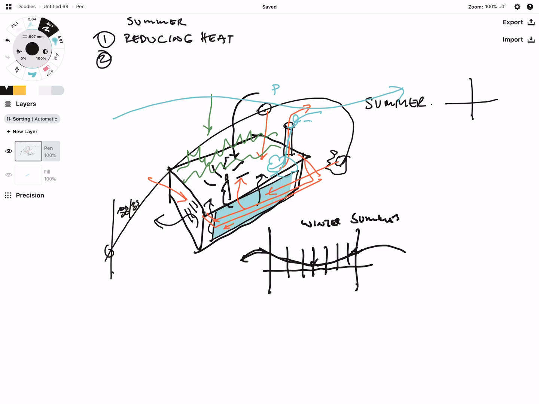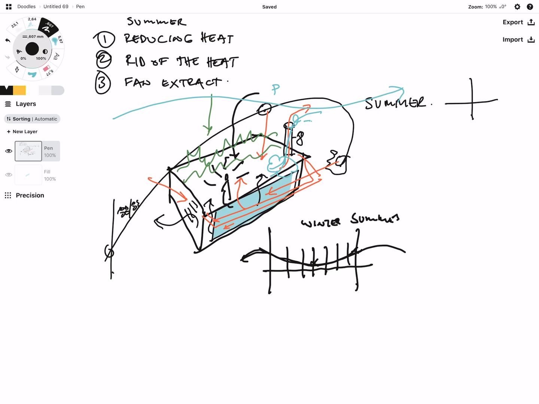Number 2, another strategy is reducing heat or blocking heat. The second strategy is to get rid of the heat. A third strategy is if you had some kind of pump or a fan inside that would extract heat.